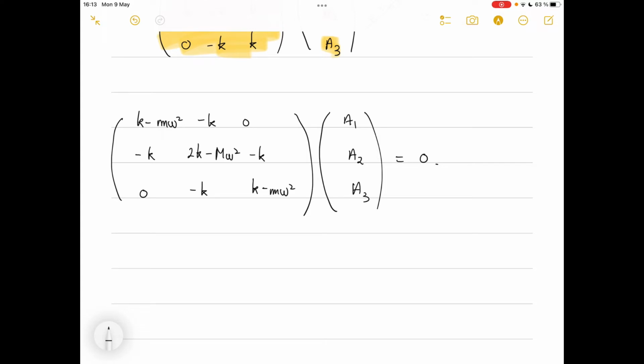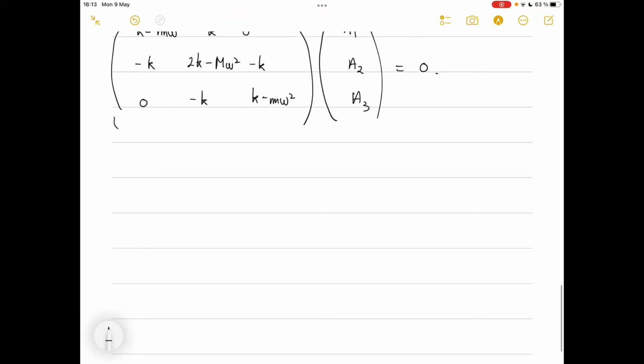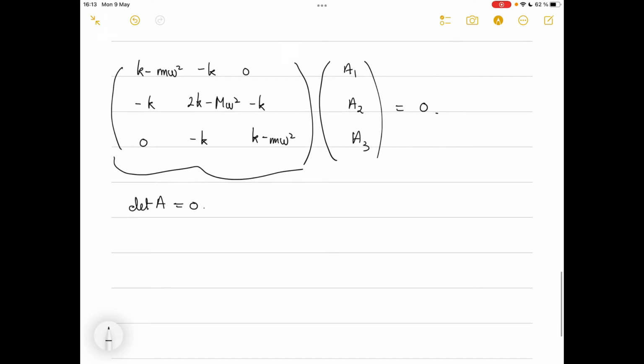So now we've gone from a system of coupled differential equations to a system of linear equations, and we can solve this system when the determinant of this matrix, let's call it A, is equal to 0. That's the only time the system has non-trivial solutions, because otherwise we could just say that a1, a2, and a3 are all 0, and that's a valid solution.